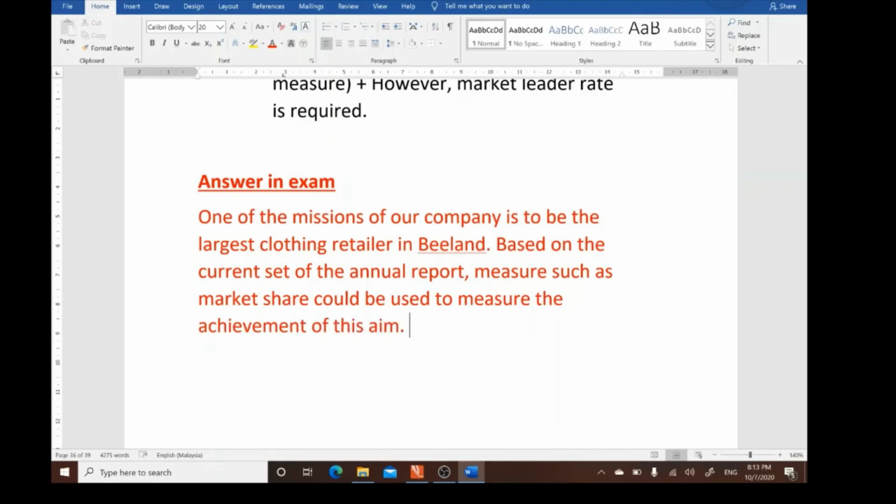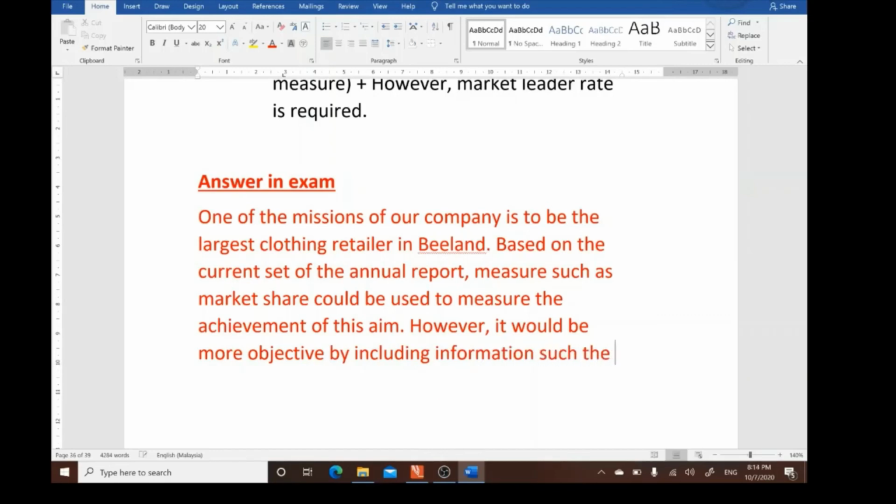However, it would be more objective by including information such as the market leader rate, as a means of supporting the above objective. All right, that's it.